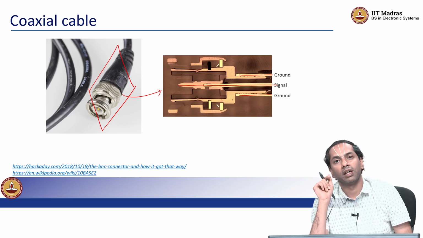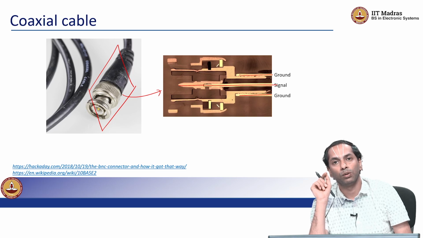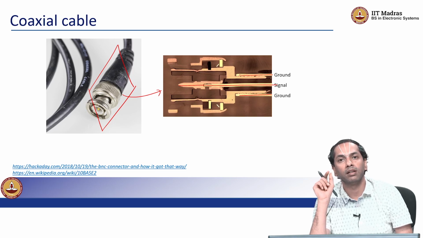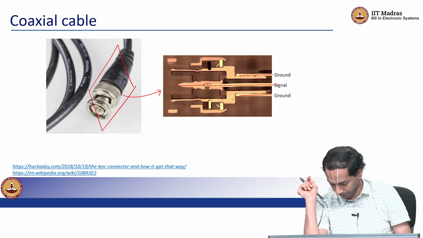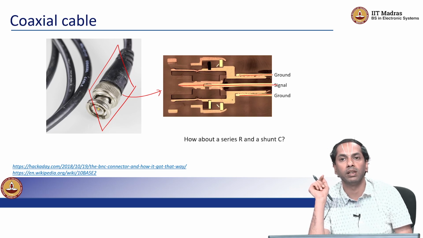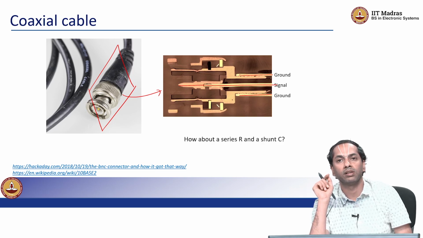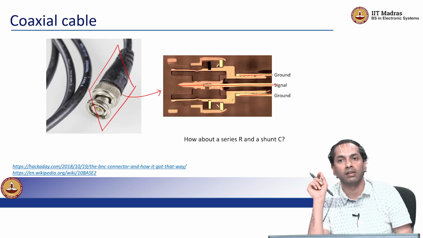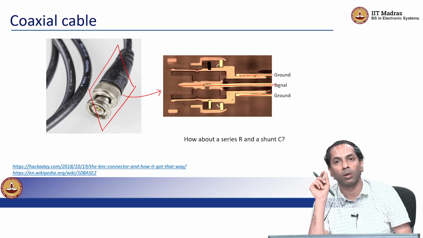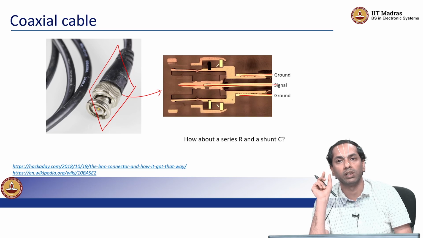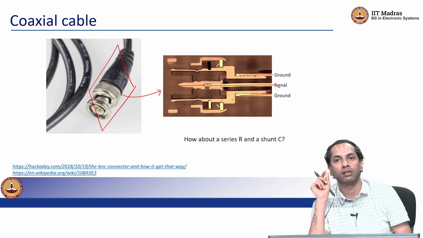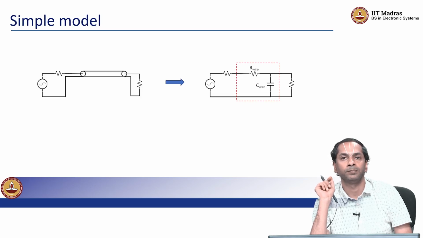So I am going to use ideal circuit elements to mimic the behavior of a real construction, which in this case is simply a pair of wires. I am going to start by saying that because the conductivity of these wires is finite, they are not superconductors, there will be some series resistance, and because there is a separation between two metal conductors, I am going to bring in a capacitor between these two lines, right.